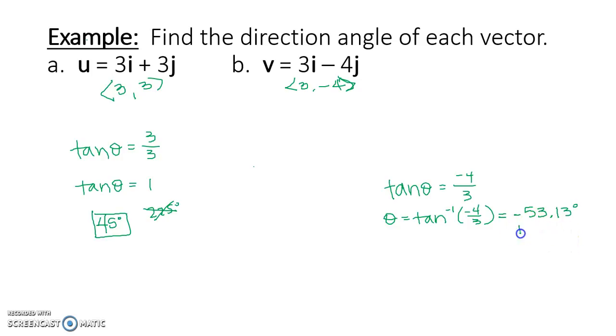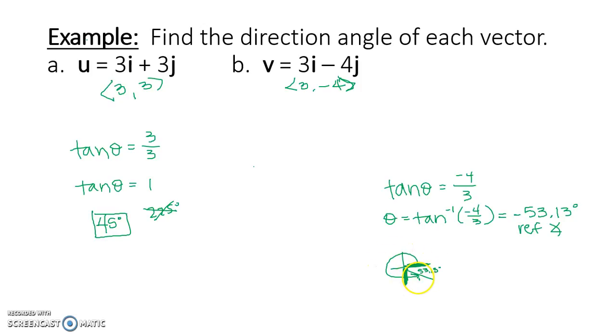I also need to realize that this, as always, is my reference angle. My calculator will only ever give me my reference angle. If I look at this vector here, positive for my horizontal and negative for my vertical, that's this. This is somewhere in quadrant 4. So that means that this angle here is 53.13 degrees.